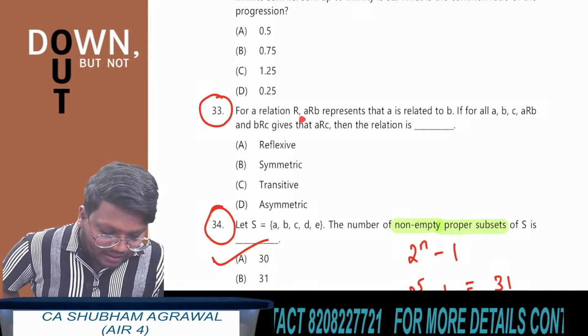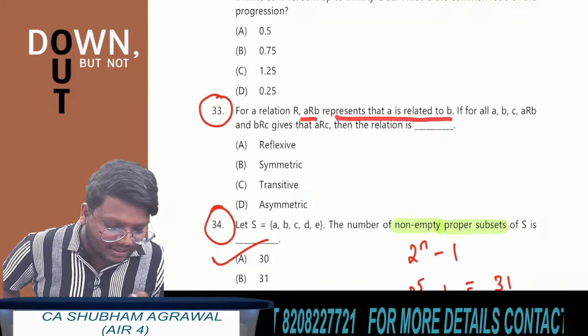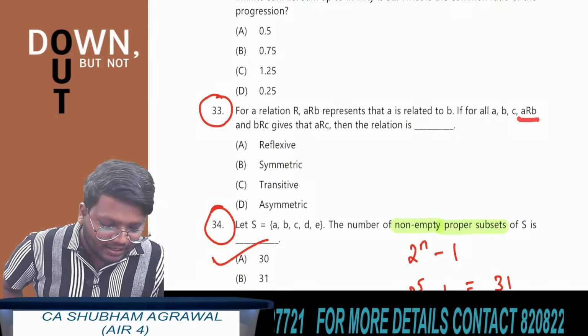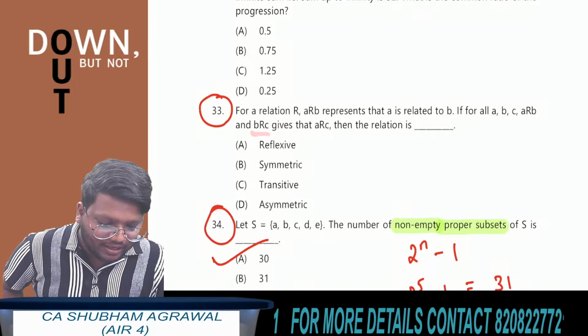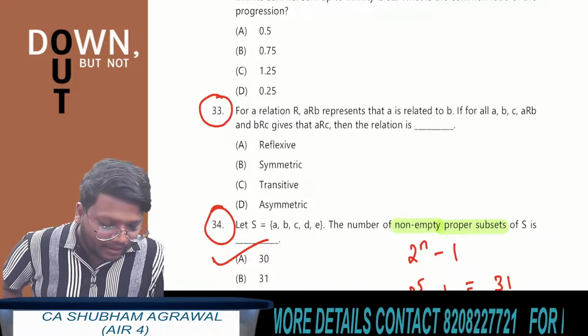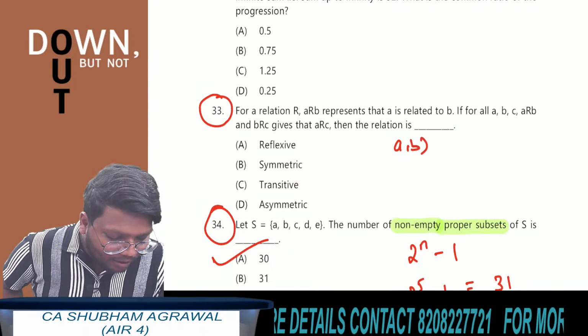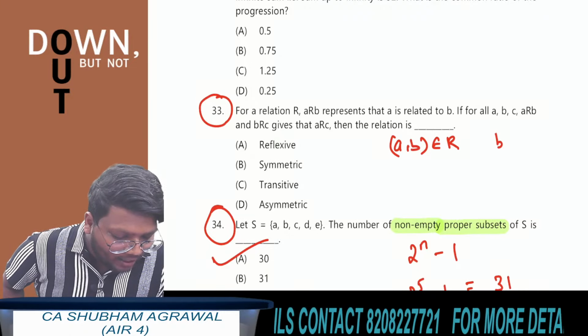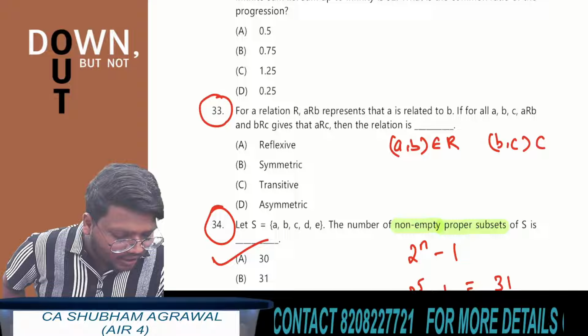For a relation R, A R B represents that A is related to B. If for all A, B, C, A is related to B and B is related to C gives that A is related to C, then the relation is... Just now I have told this thing: the ordered pair A, B belongs to the relation, and the ordered pair B, C also belongs to the relation.